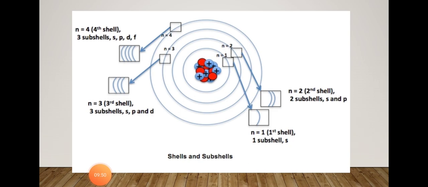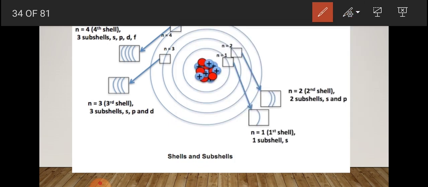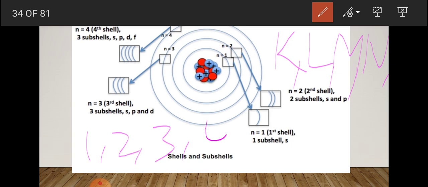And the last is your shell, that is orbit. Shells of an atom are represented by the letters K, L, M, N. I hope you remember this. K, L, M, N, and so on. Or shells can be given the numbers also, 1, 2, 3, 4, and so on.